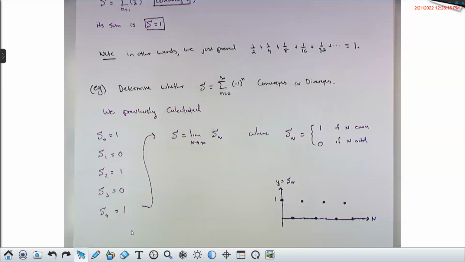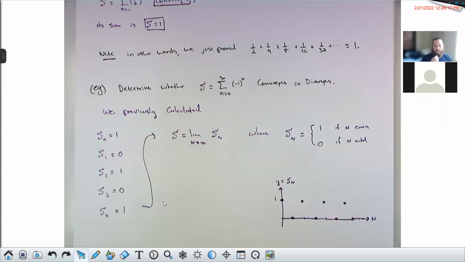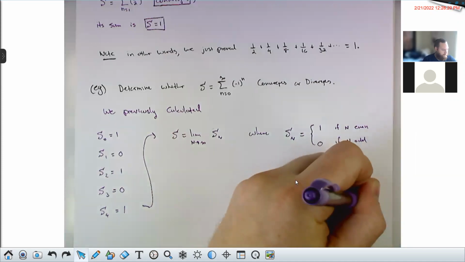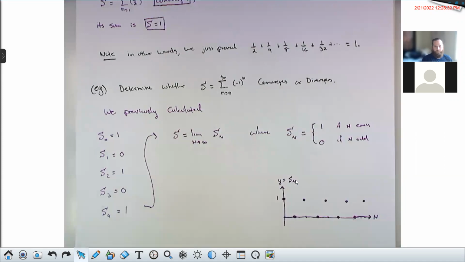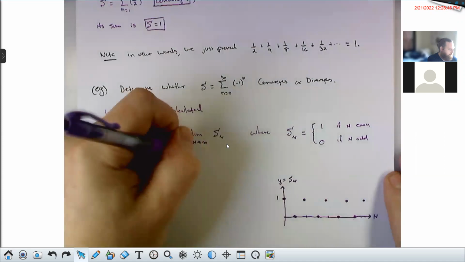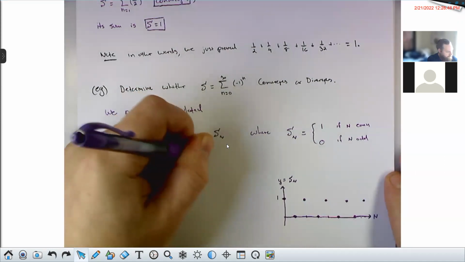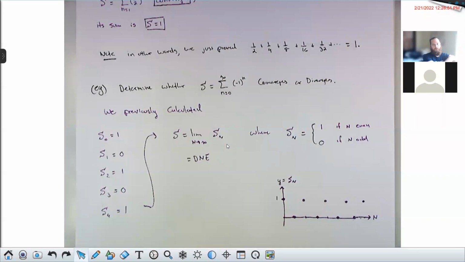All it does is bounce back and forth from 1 to 0. Is there a horizontal asymptote that all these terms are getting closer and closer to? The next dot would be up here, and then the next dot would be back down there. We want to be a little careful with our language here. So this limit is DNE. The limit of the partial sums does not exist.